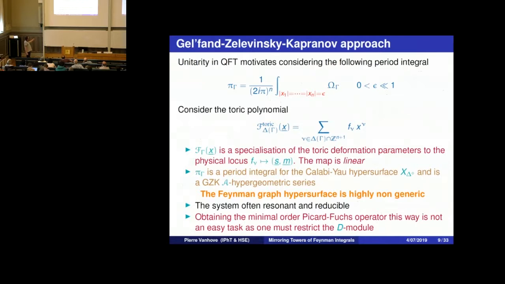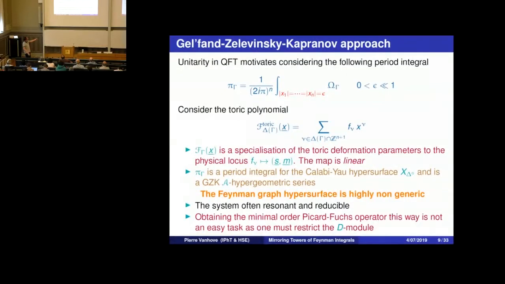What's happening is that, of course, this period is a period of the Calabi-Yau hypersurface. In a sense, if you look at the Newton polytope, for example, the toric polynomial, it is the one that has all the same monomials as your Symanzik polynomial that you have in quantum field theory, but you don't impose the relations between the various coefficients.